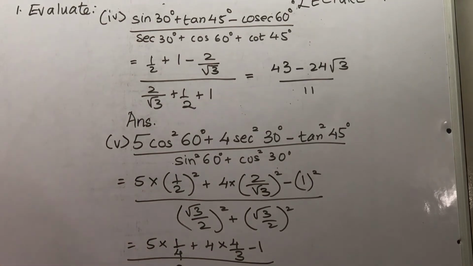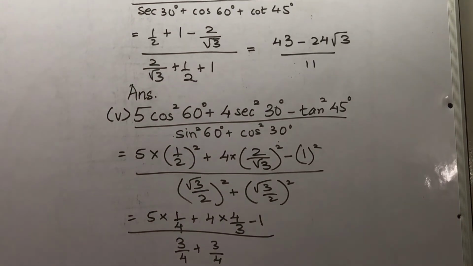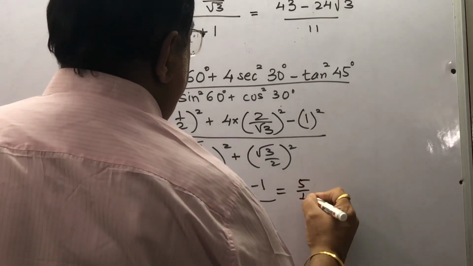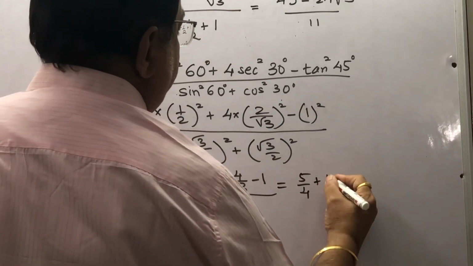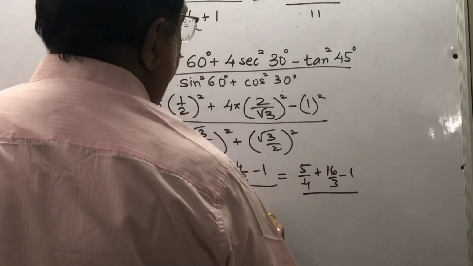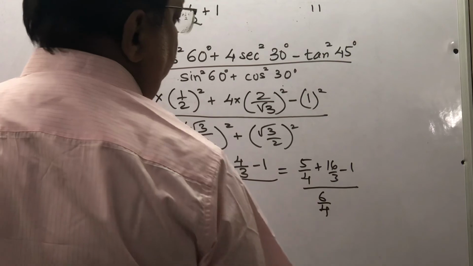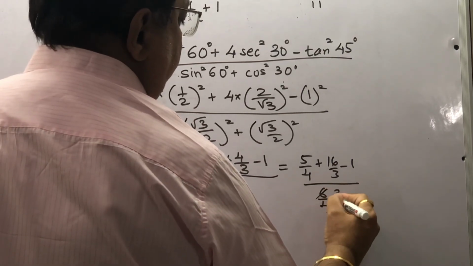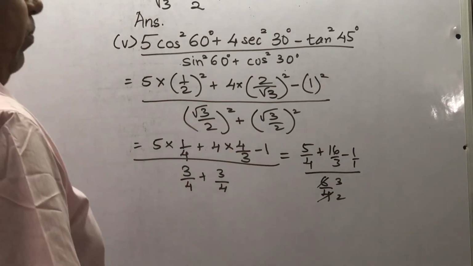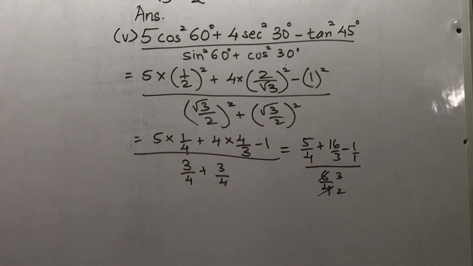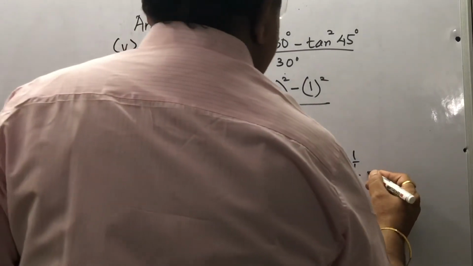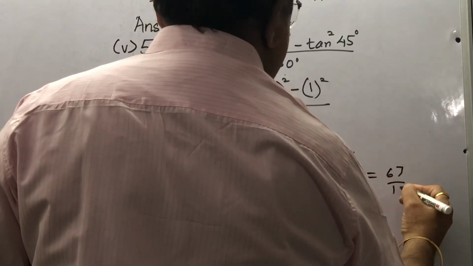Fortunately here you see the roots disappear and you have 5 upon 4 plus 16 upon 3 minus 1, and here I have 4 common, so 6 upon 4, which I will make 3 upon 2, and here I will make 1, and take LCM and I will solve further. I have given you so many extra hints and this will come to 67 upon 12.